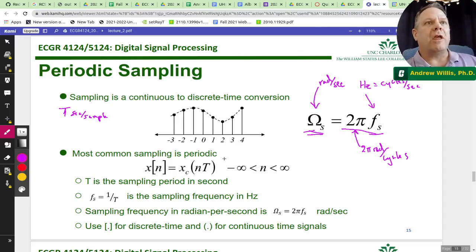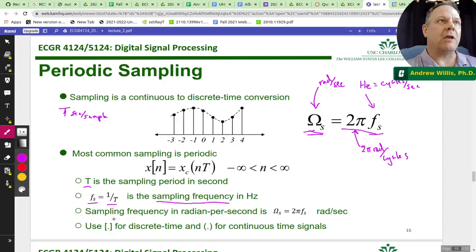All right, and so the most common sampling is periodic sampling, where the interval between one sample and the next is exactly the same. In this case, T is called the sample period, and Fs, which is 1 over T, is the sampling frequency in hertz. And so the sampling frequency in radians per second is omega s equals 2 pi Fs radians per second.